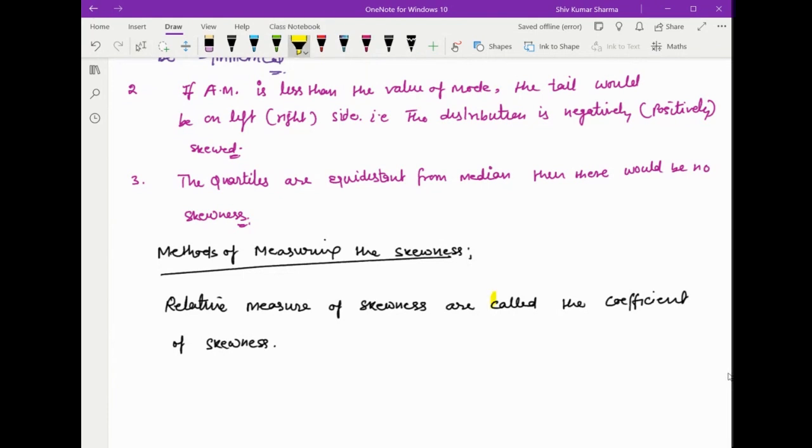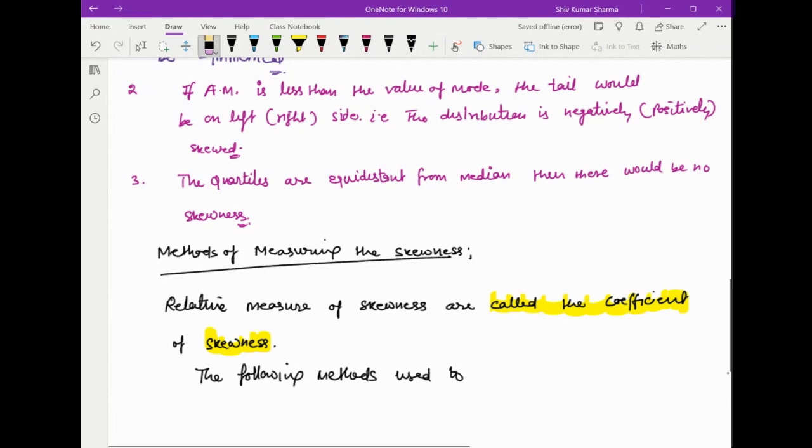So we use methods for calculating the coefficient of skewness.